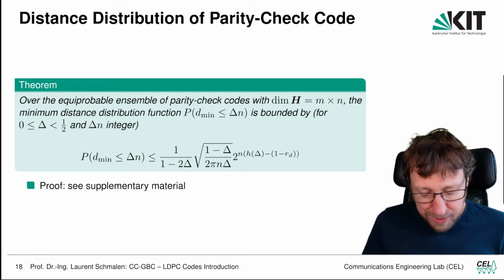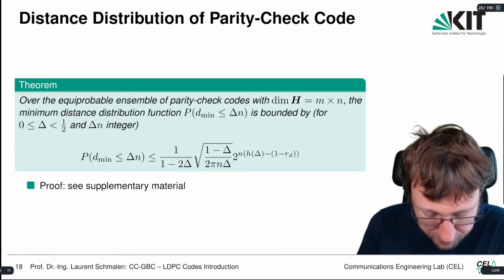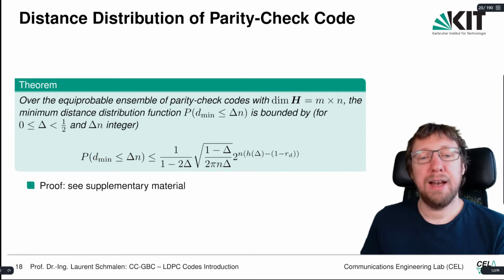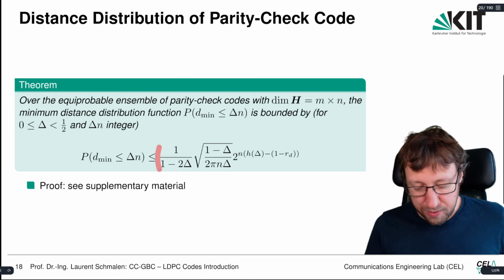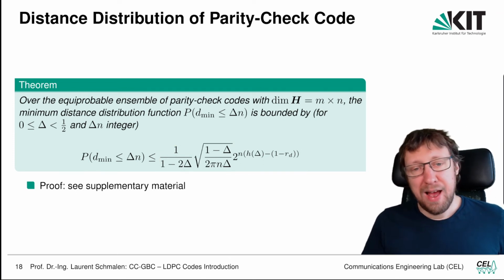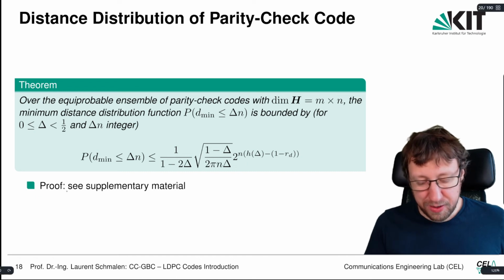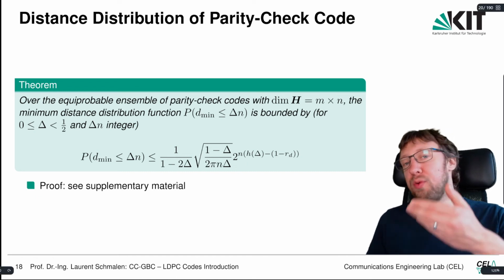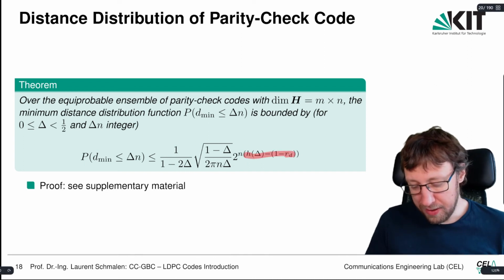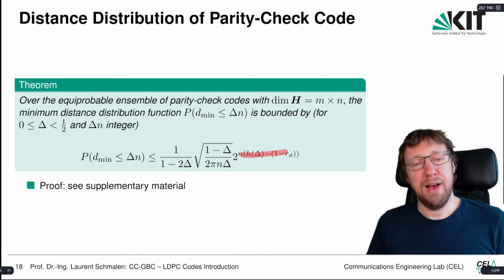Okay, so now what is this probability? What is the probability that the minimum distance is upper bounded by delta n? And that's given again by this quite technical expression. And again, the derivation makes use of the previous approximation. You see this in the exponent that looks a little bit familiar.